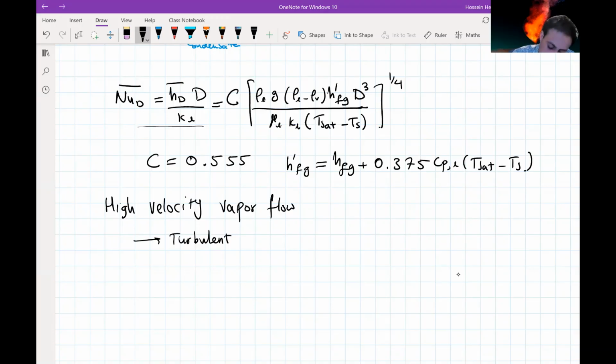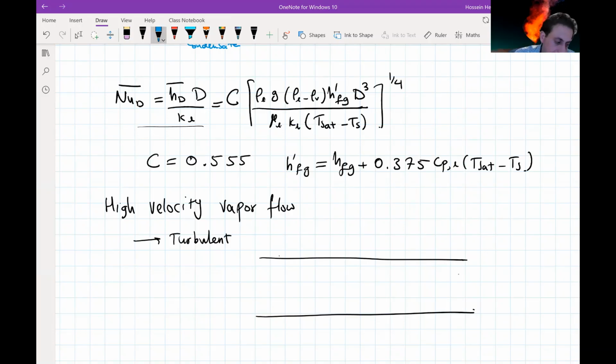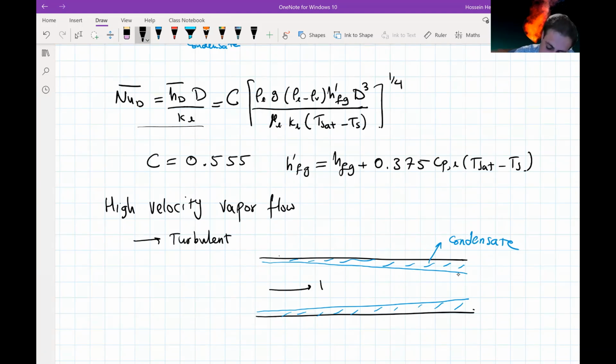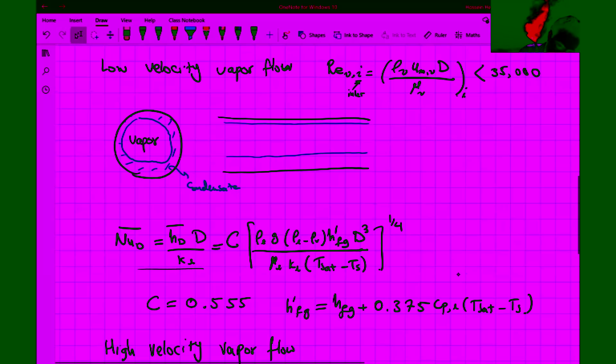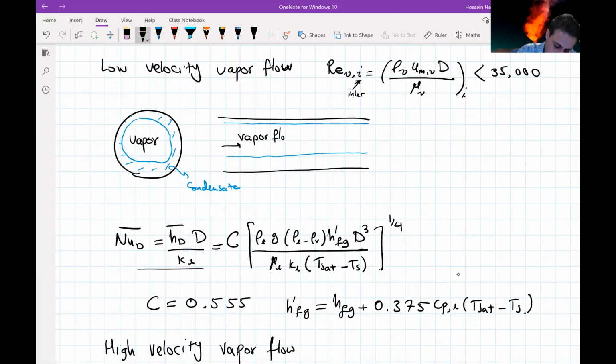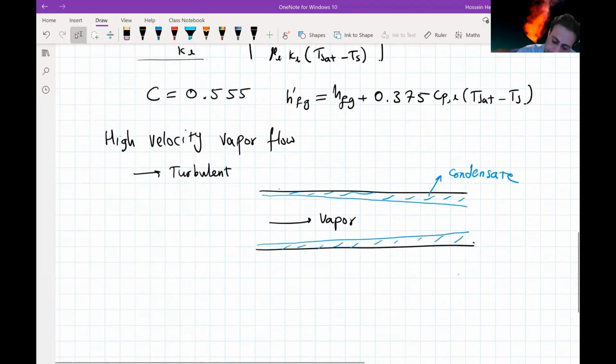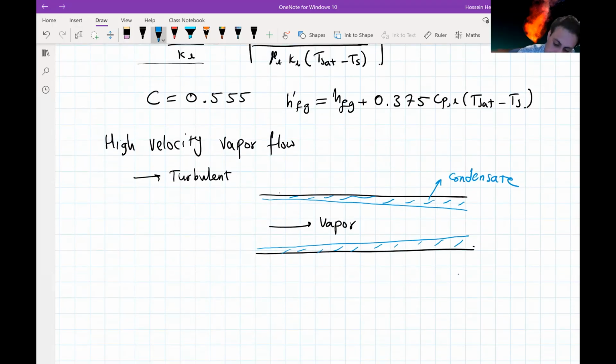The way we would have the condensate and vapor distribution here is a film of condensate building up on both sides, around the tube, and then we are going to have vapor flow here.